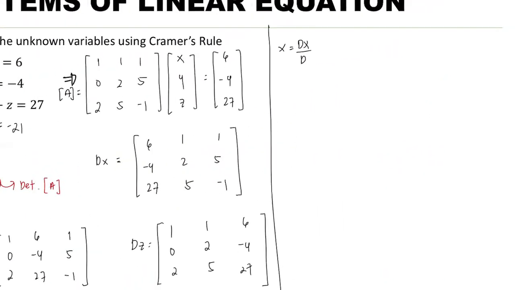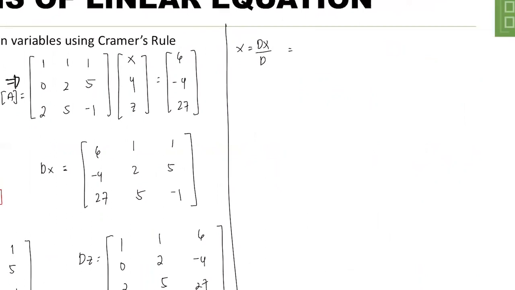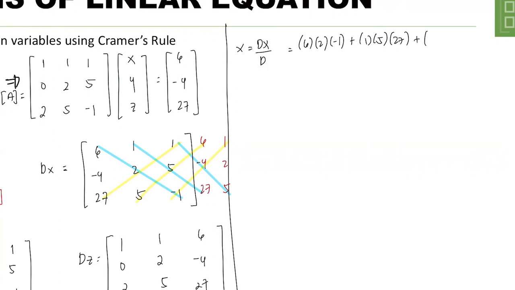Ngayon si x yung kukunin natin ng determinant. Okay? So, determinant ni x, no, will be 6, negative 4, 27, 1, 2, at 5. And then, follow lang natin yung ating solution. So, this will be 6 times 2 times negative 1 plus 1 times 5 times 27 plus 1 times negative 4 times 5.